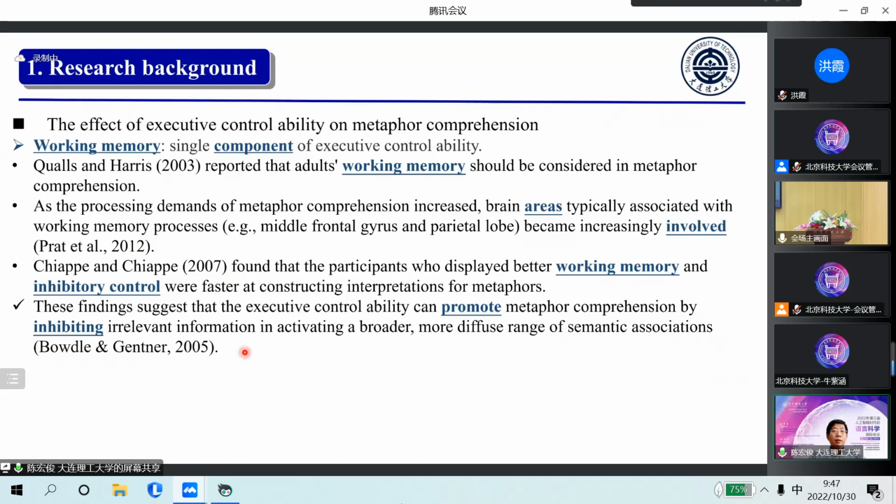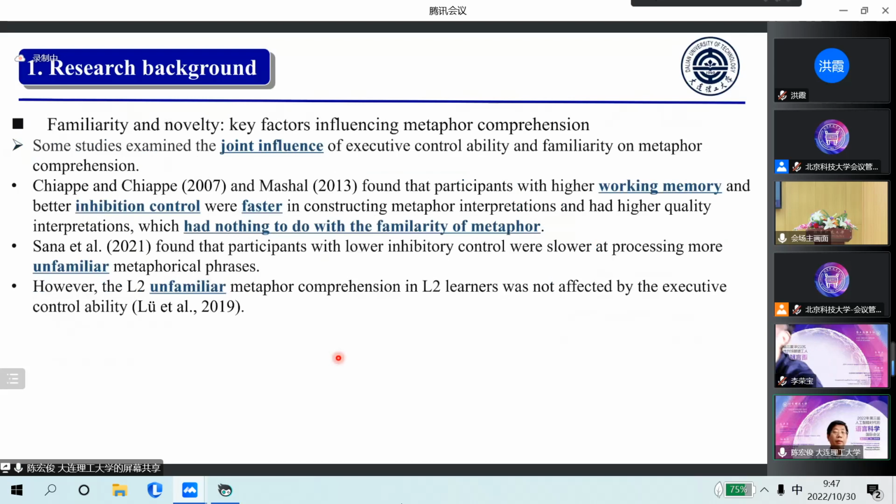And then the effect of executive control ability on metaphor comprehension also involves working memory, right? Studies on working memory show that with better working memory and better inhibitory control, you can have a faster constructing and interpreting speed for metaphors. And then in the metaphor study field, familiarity is also a very important factor.